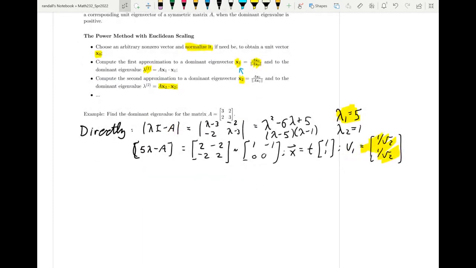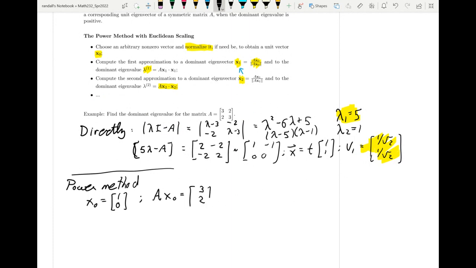So now we start the process, the algorithm, the power method. Let's just see it work in this case where we know the answer already. So we're going to take x naught to be (1, 0). So there's a unit vector. And therefore, my next computation will be Ax0, which is (3, 2).